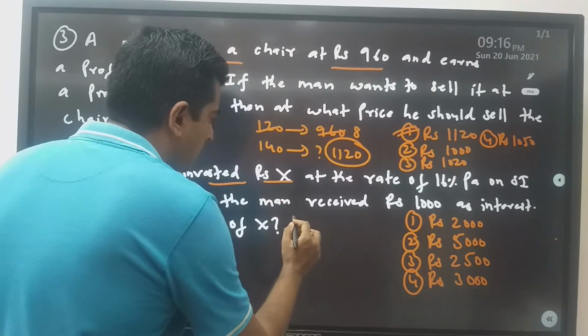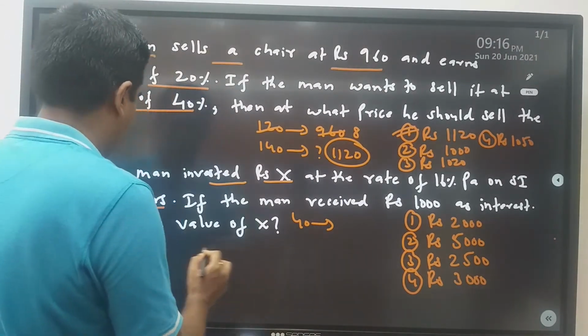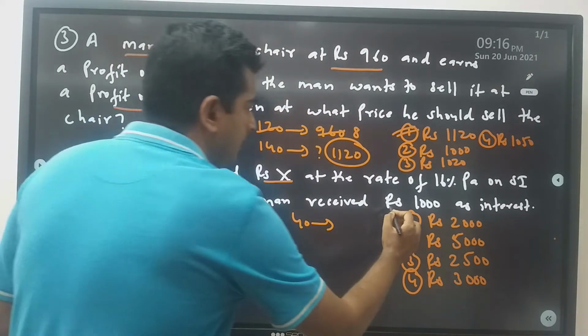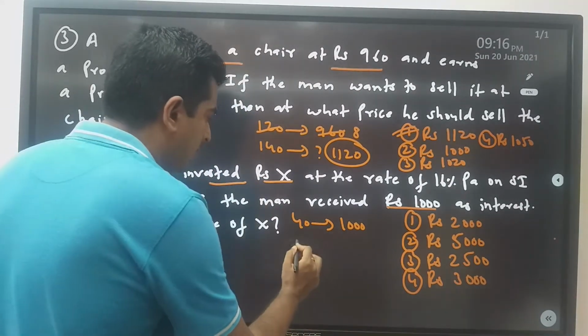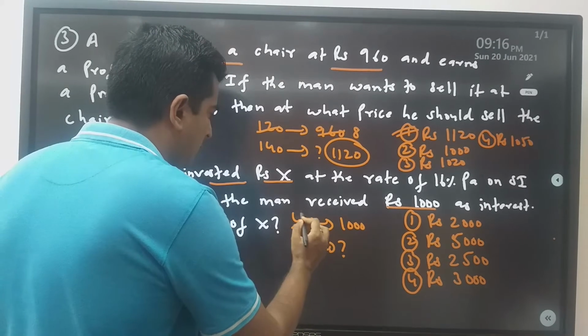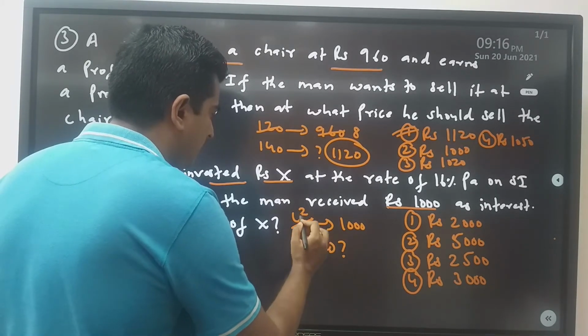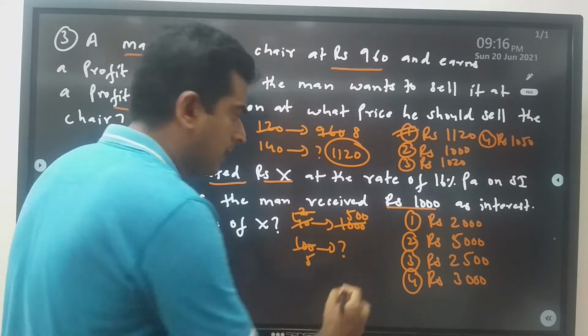So 40 parts, how much have they given you? Interest, 1000. Right? Now what are they asking? Principal. So 100 parts is how much? Right? So cancel this number. 500. 500 into 5 is how much?